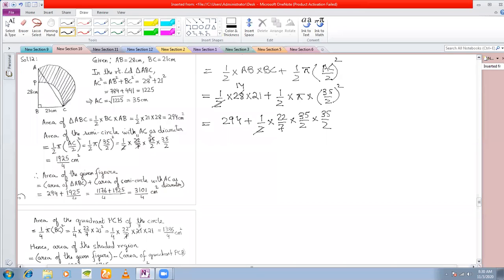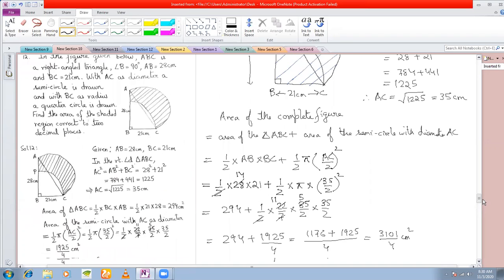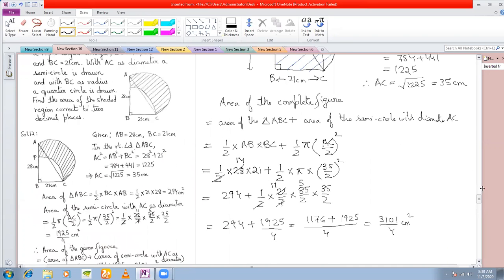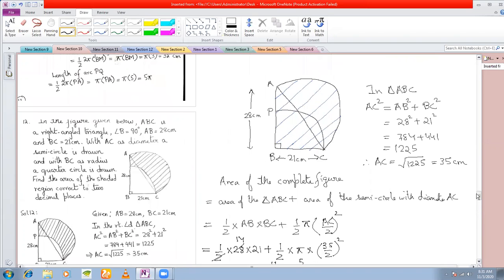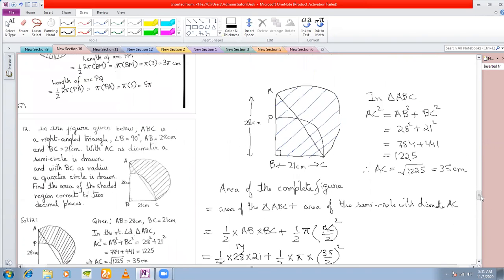What all cancel here? This comes out to be 294 plus 1925 by 4. If we take the LCM, 294 into 4 is 1176 plus 1925, 3101 divided by 4. Leave it as a fraction because we need to work with this number. So we have found out the area of this complete figure, the one that I have shaded in blue, to be 3101 divided by 4 centimeter square.